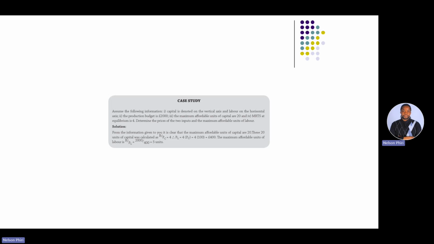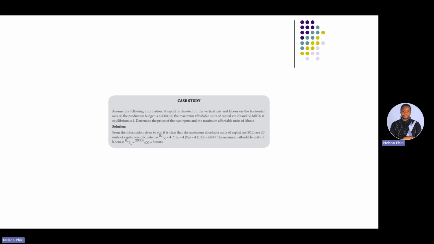Remember from the previous analysis that the MRTS is the slope of your isoquant. So we know that the slope of our isoquant is 4. Given the information that we have, we know that we have a production budget of 2,000.